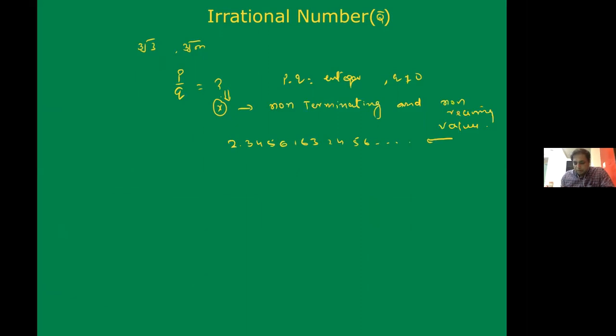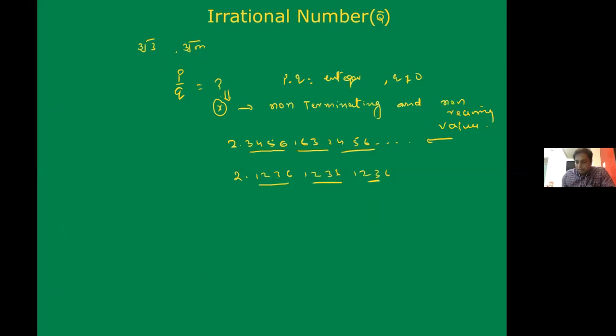One more condition should be satisfied: non-recurring. Non-recurring means it should not repeat, like a 4 or 5 digit group and then again the same group, or any 2 digit number. It should not repeat in such a way, like 2.1236123612361 and so on. Here is the repeating number. This kind of repetition should not come.